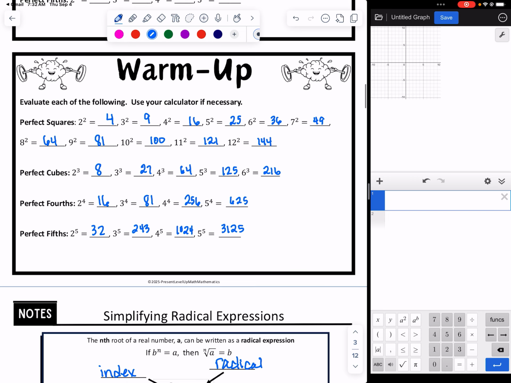So what I want to do is find the largest perfect square that will go into 63. Right away I notice that 9 is a factor of 63, because 9 times 7 would give you 63. So I'm going to use the square root of 9 to help me simplify the square root of 63.